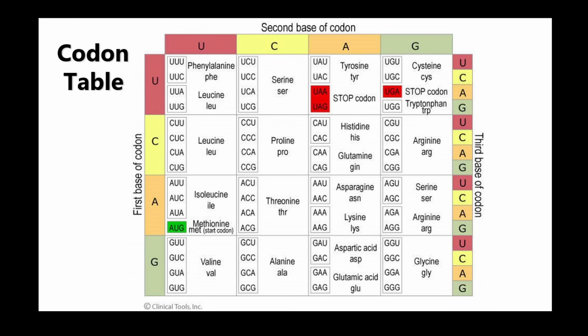Here we have around 20 amino acids and you will just be reading this side first and then the second letter you will be looking at the top part and then for the last letter you will be looking at the right side.